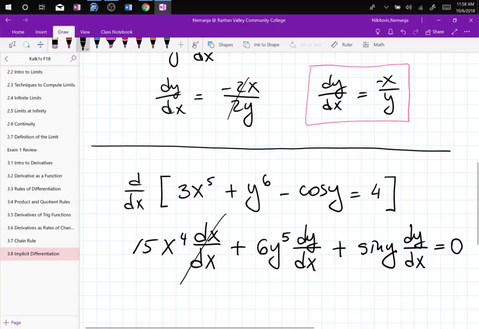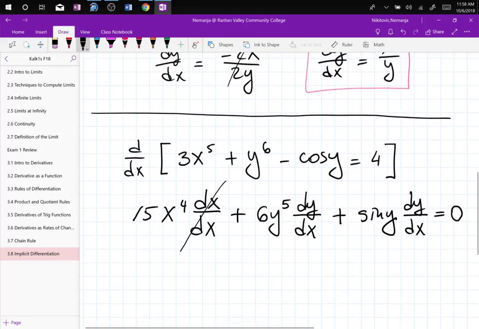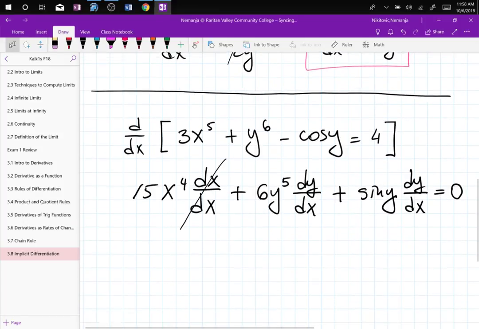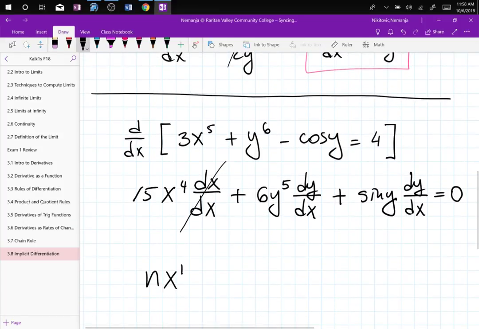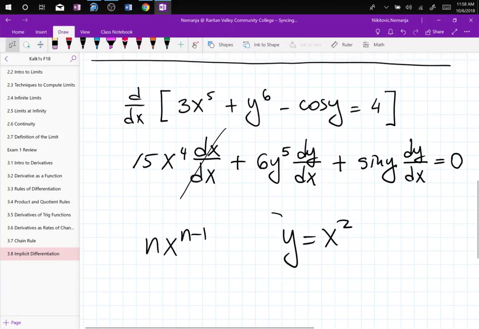Now, you see that the variables on the first one did match. Yeah, they cancel to 1. Technically, if I was to teach this first, and then the entire chapter 3, on the first day, when I taught nx to the n minus 1, I could have said y is equal to x squared.